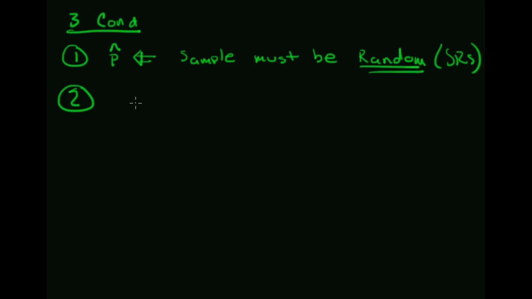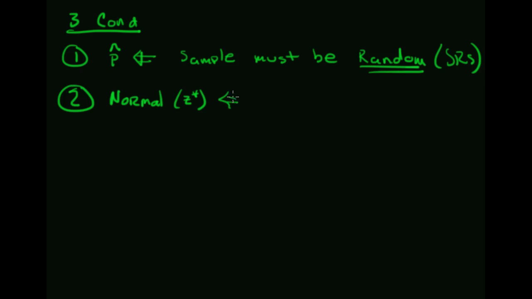Number 2. Okay, in order for us to validate the idea that we have normality, right? So in order for this to work, we have to assume that the z star works. We have to have normality, right? Because that's coming from an inverse normal.